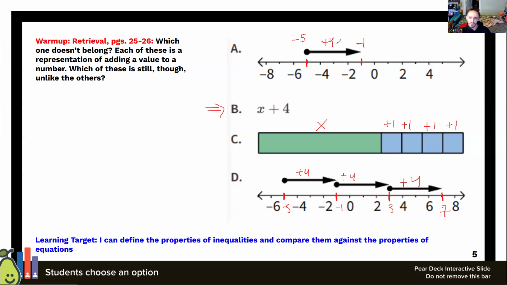So what you're probably noticing is that some of these are the same and different in different fashions. If I was unpacking this, my opinion is that D is very much different in the sense that I'm starting with something and I'm adding 4 to shift around on the number line, but I'm not just doing it once, right?